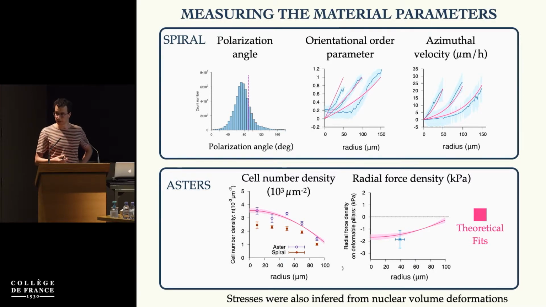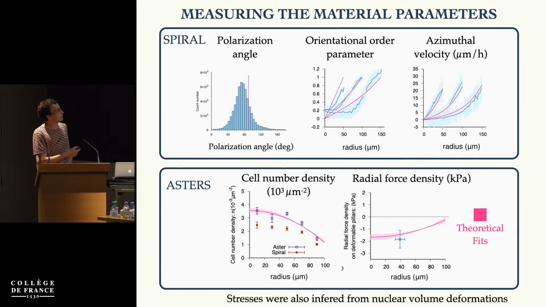We also measure the degree of order for three different confinement sizes, and we measure the azimuthal velocity in the spiral case. For the asters, we quantify the cell number density and the forces in the system. The forces are a rare measurement in this type of studies. Here we were able to do it by placing pillars in the center of monolayers and looking at their deformation. And we see, for instance, that the cells exert compressive forces.